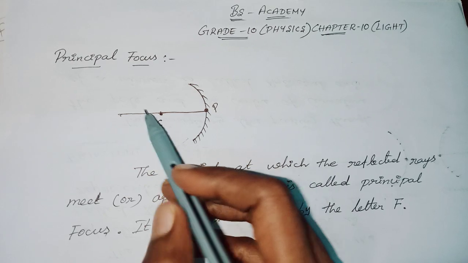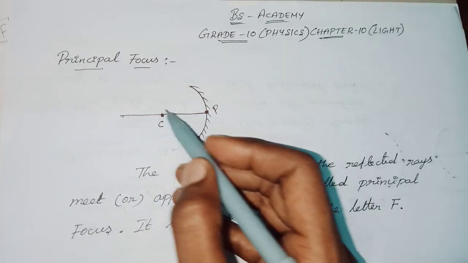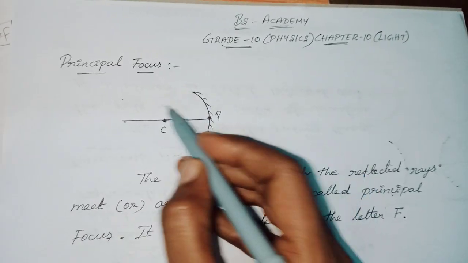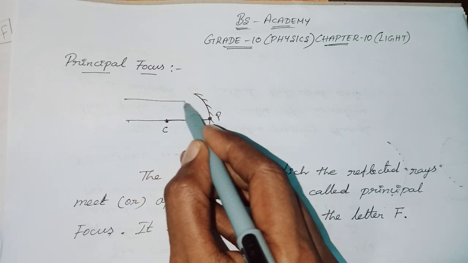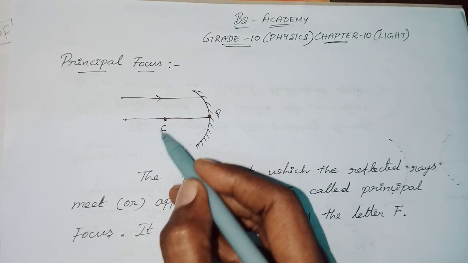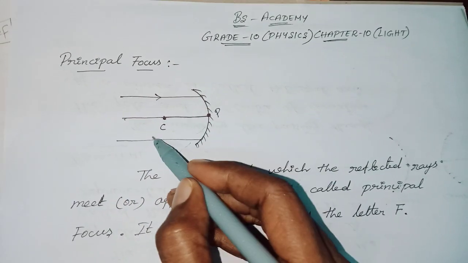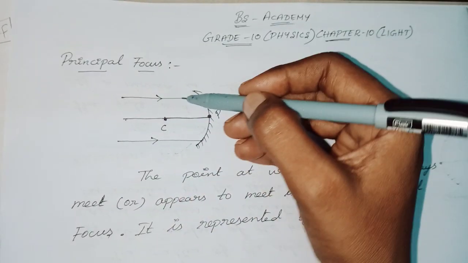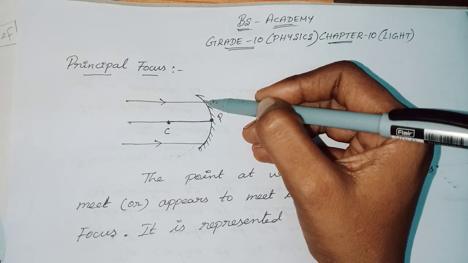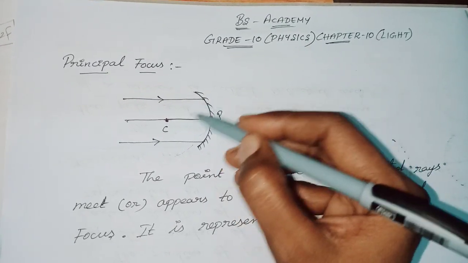Now, to understand the principal focus, imagine that some parallel rays are falling on this concave mirror. These are the parallel rays, light rays. Consider two parallel rays which are incident on the concave mirror. This is the incident ray falling on the concave mirror. Let us see what happens. Reflection takes place.